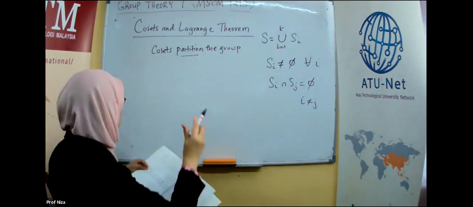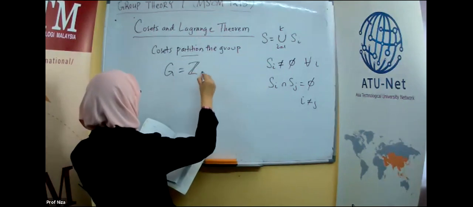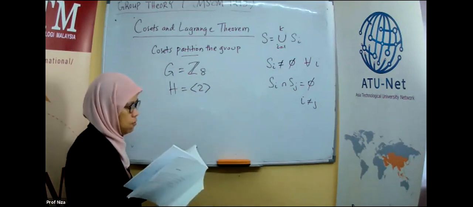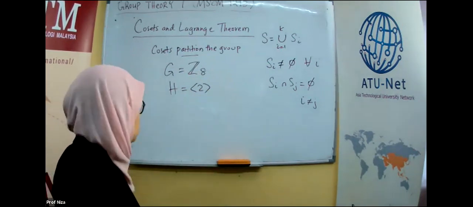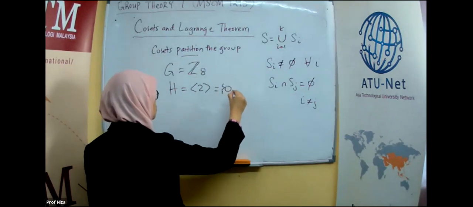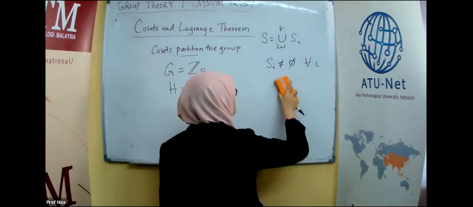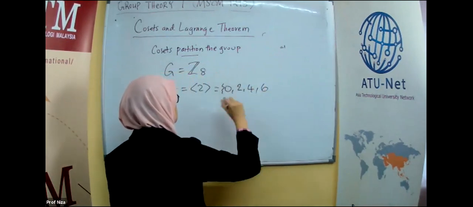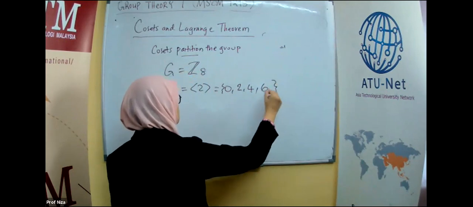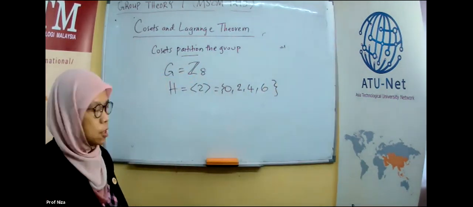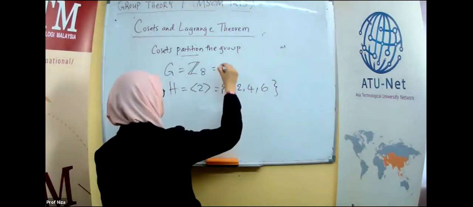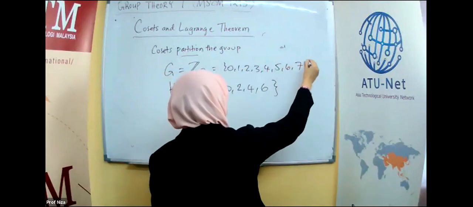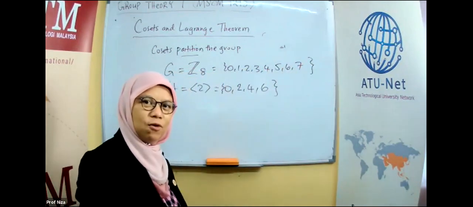The first example: G is Z8, and H is the subgroup of G generated by 2. So 2, 4, 6, 0, right? It is of order 4. Now, G has 8 elements.